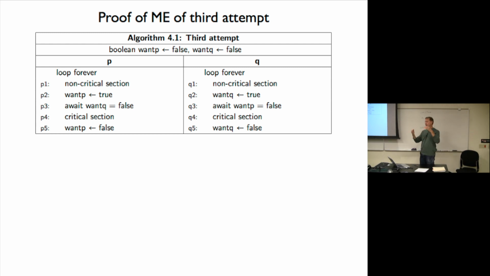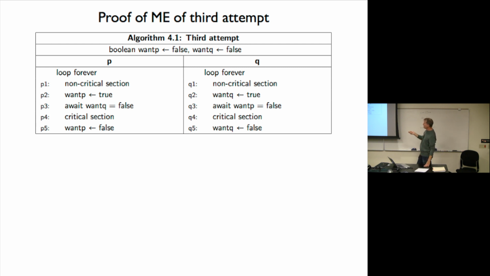The first attempt was take turns, and the second attempt was having a want P and a want Q, but it didn't have mutual exclusion, and then we flipped the order, and that was our third attempt, so that we would have mutual exclusion. Now we're going to prove mutual exclusion using logic instead of doing an exhaustive rundown of the states.